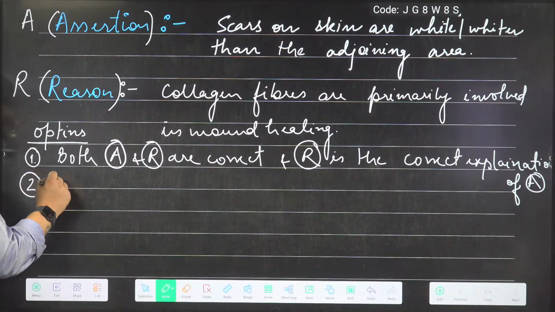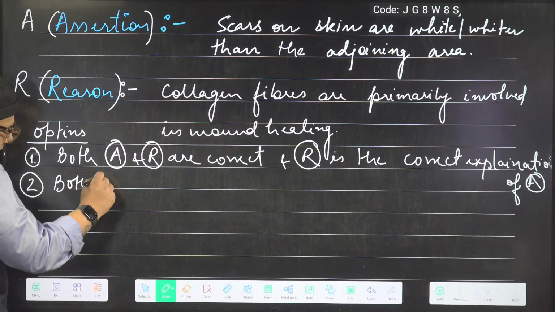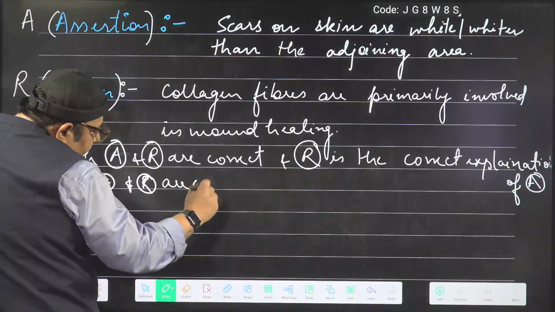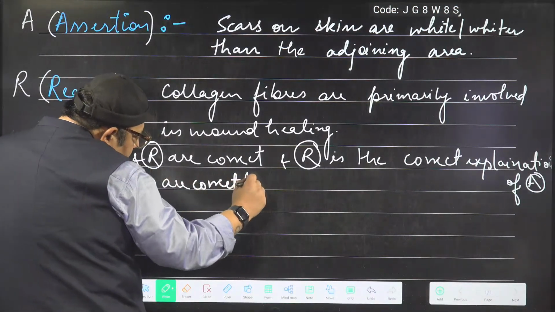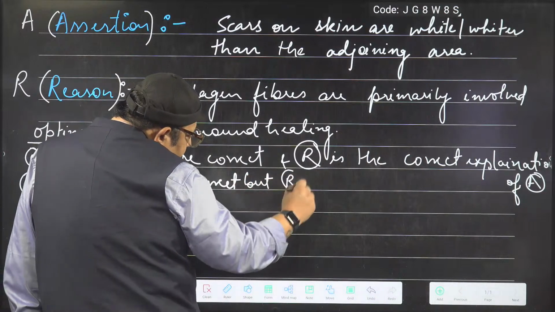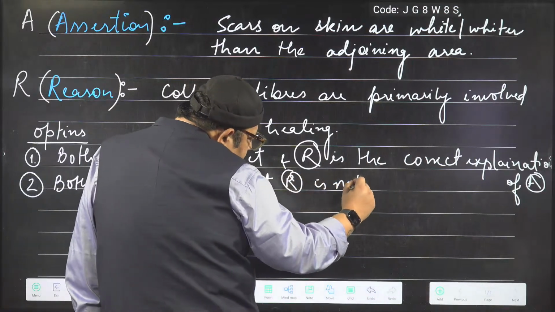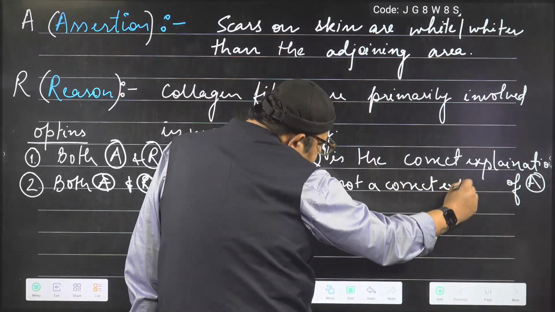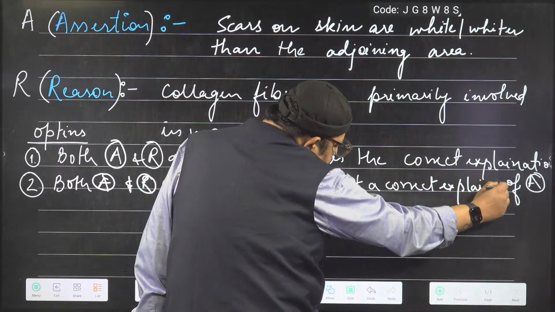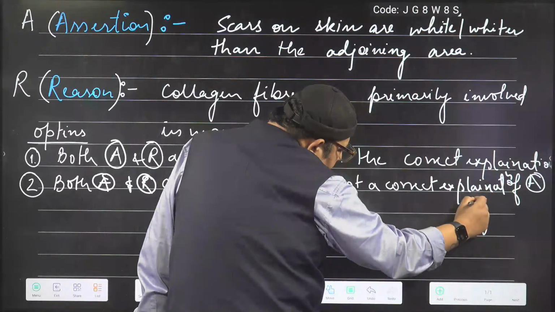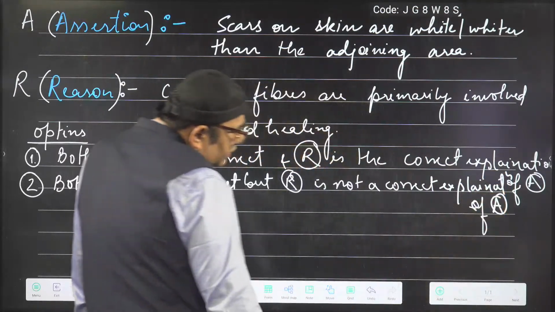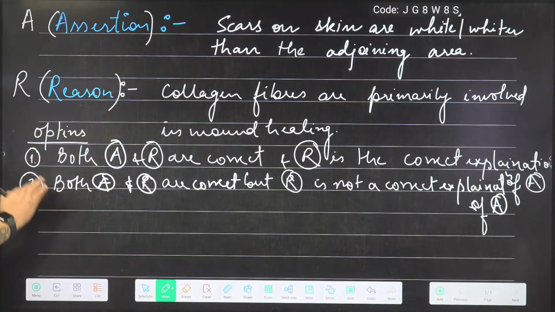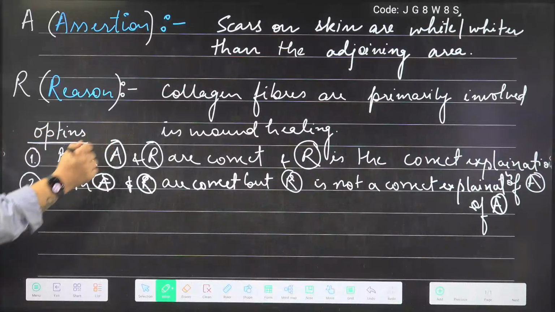Option number 2: both assertion and reason are correct, but the reason is not a correct explanation of assertion. So the reason is not a correct explanation, although both are discrete, separate and correct statements.